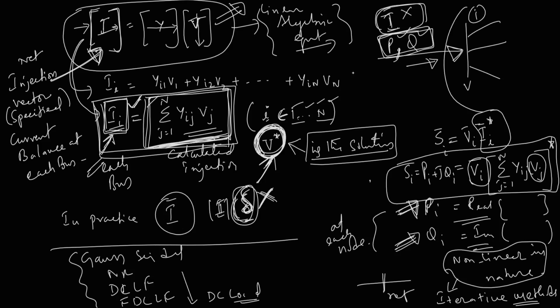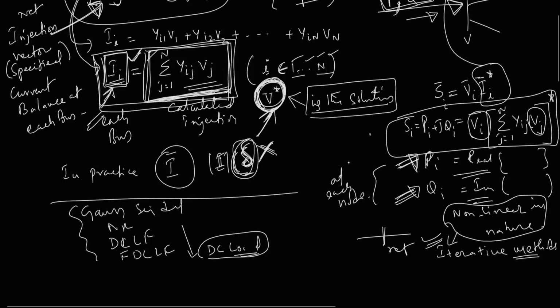So all these methods are based on iterative methods, except DC load flow. This is how the evolution of the load flows has begun.